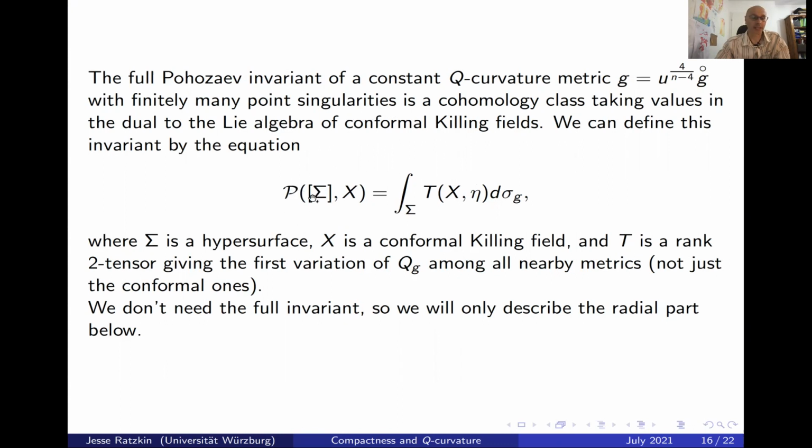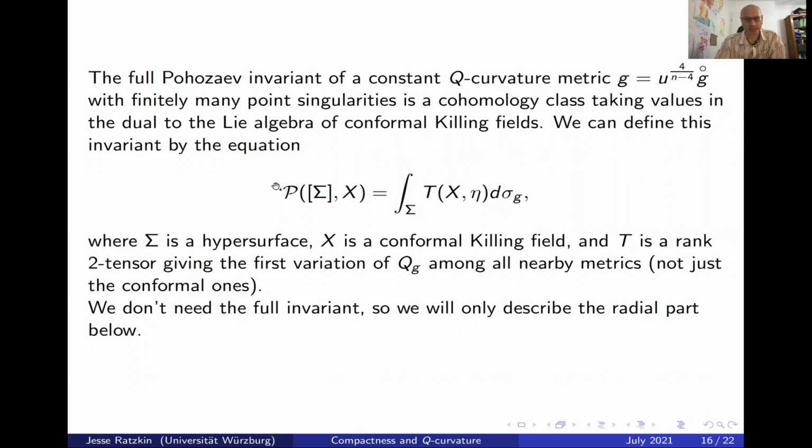And then if I say that this cohomology class takes values in the dual to the Lie algebra, I have to say how that dual element acts on a Lie algebra element, how this dual Lie algebra element acts on a conformal Killing field. And this action is given by an integral over my homology class of a certain 2-tensor applied to X and a unit normal.